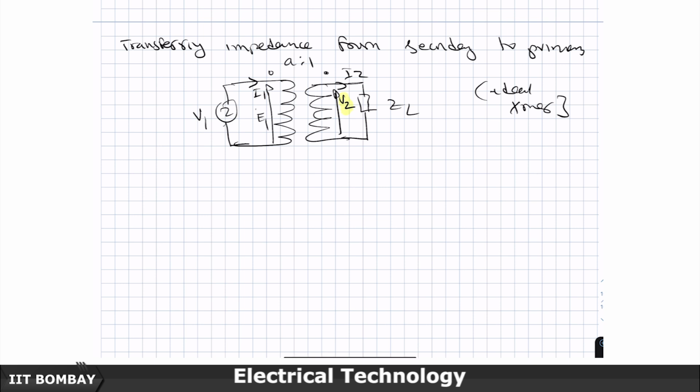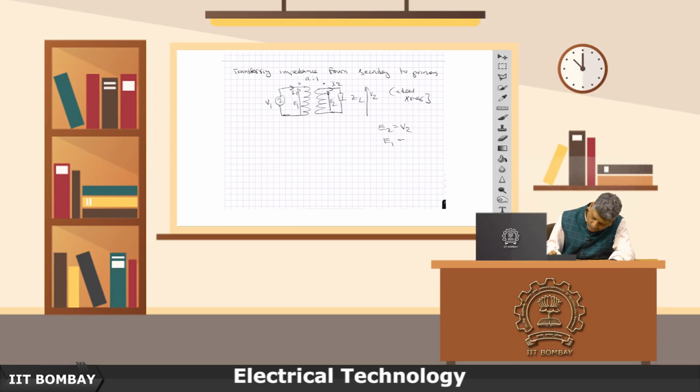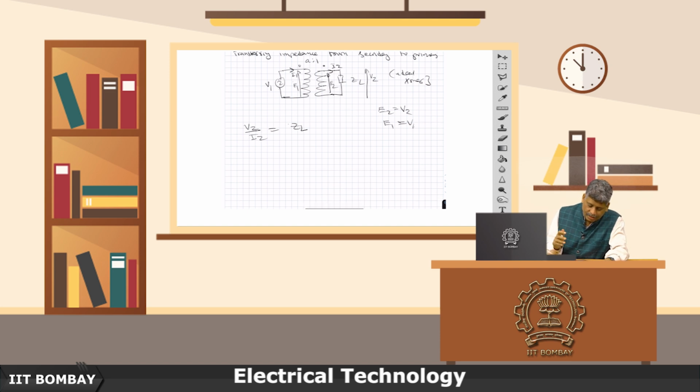Let me call this E2 and this V2. E2 is equal to V2 and E1 is equal to V1. Now, I know that V2 by I2 is equal to ZL, whatever, R2 plus jX, or R minus jX, whatever. This is V2 by I2.